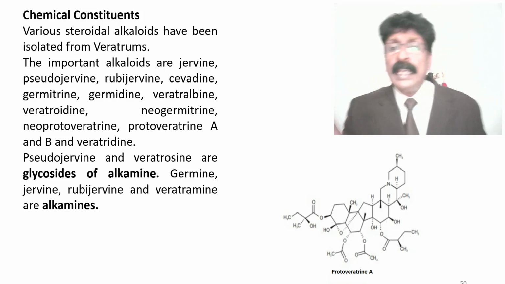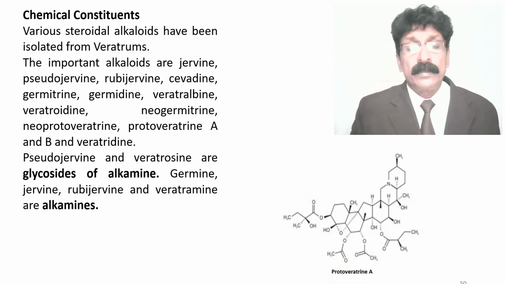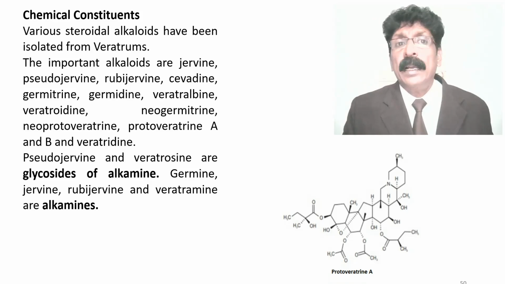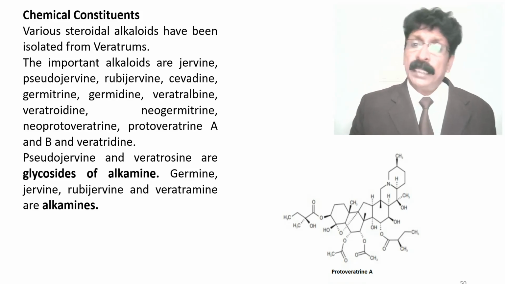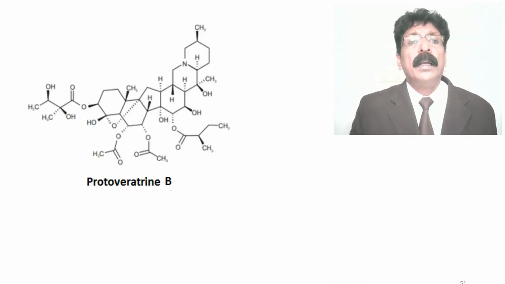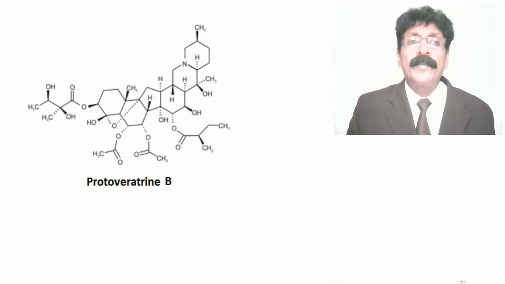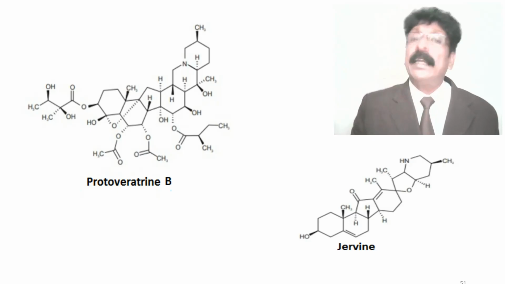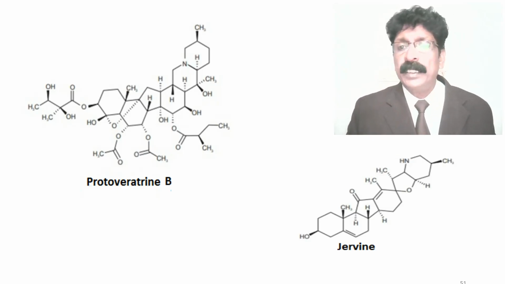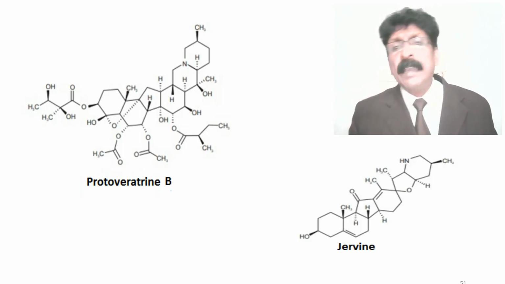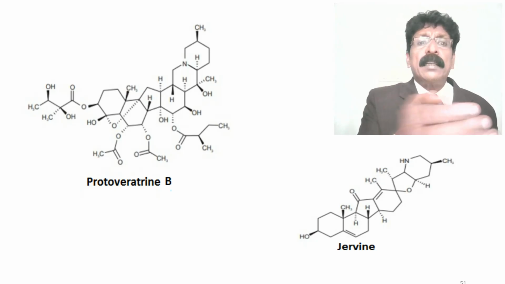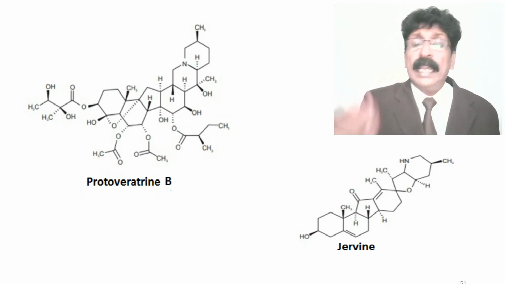A 4 ester linkage compound, and then OH groups can be attached with angular methyl groups. This is protoveratrine B. A and B are having only a change in their isomerism. In germine, all the ester linkages or the glycoside linkage are completely removed and not present there.